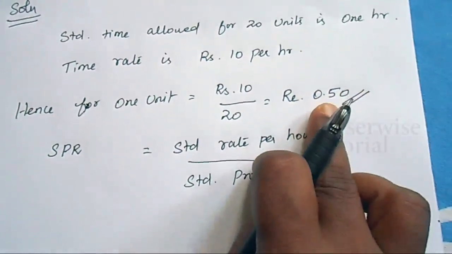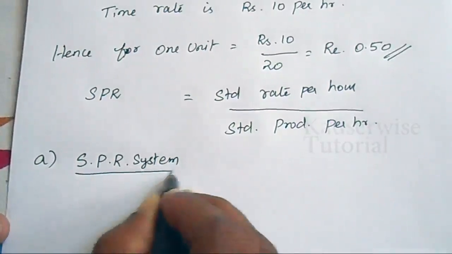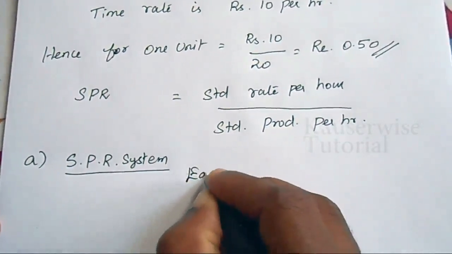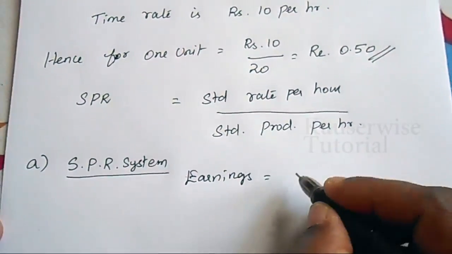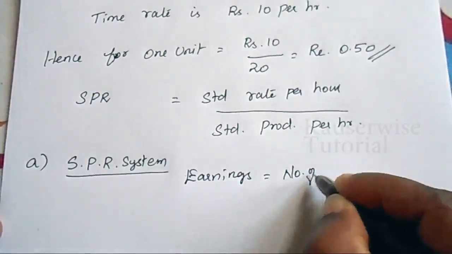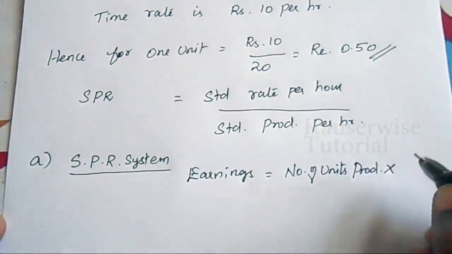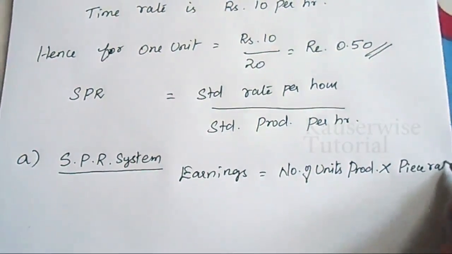After finding the piece rate, then you can go on to calculate the wage. What is the first method? According to straight piece rate system, earnings is equal to number of units produced into piece rate.